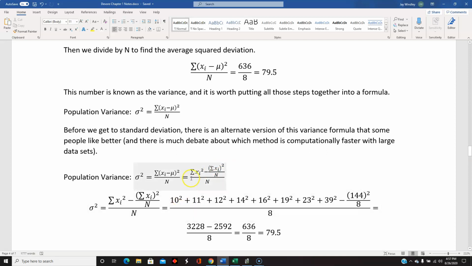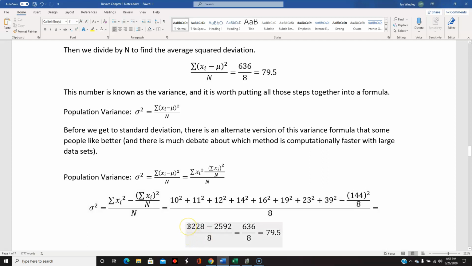So the sum of the squares of the numbers in our data set would be 10 squared plus 11 squared and so on. The sum of our numbers, we saw earlier, was 144 when we were figuring out the mean. So the sum of the numbers squared divided by n, and then this whole mess divided by n.